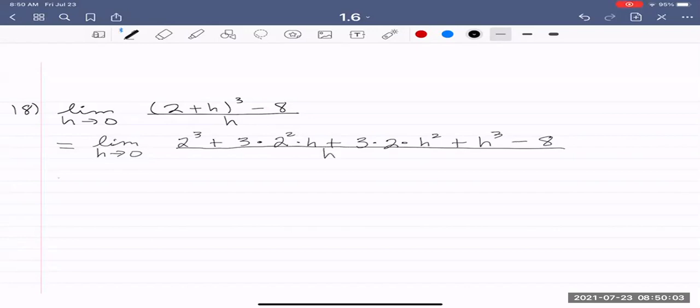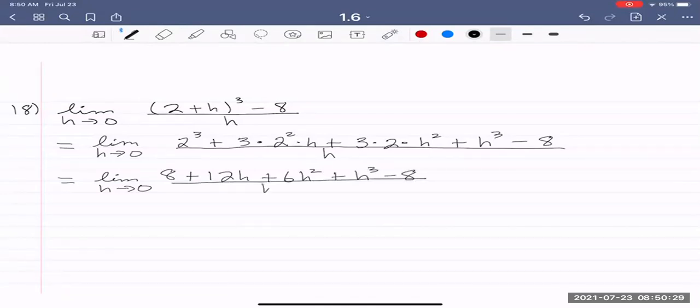Now let me simplify this. So this is equal to the limit as h approaches 0 of 2 cubed, 8, 3 times 2 squared, 12, 3 times 2, 6, plus my h cubed minus my 8, all over h.